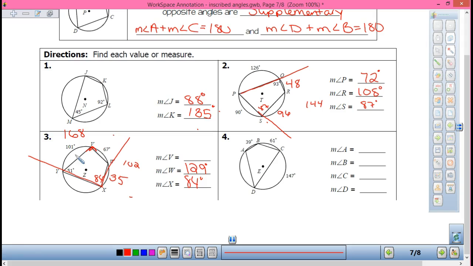No, they're not equal. They add up to 180. So 96. Okay, opposite angles add up to 180 when you have a quadrilateral in your circle. That's your biggest thing: you've got to find intercepted arcs, and you can go opposite angles.